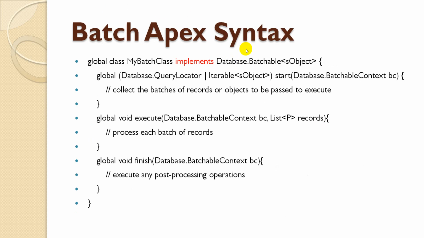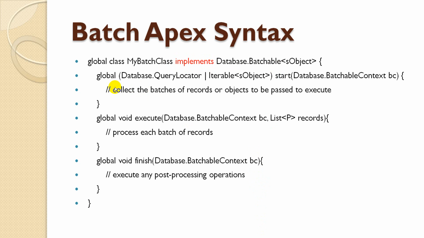So the batch Apex syntax is that your class should be global, but sometimes it can be public if you're working within your org. Global class, my batch class, this is the name, and implements, this is the keyword, it must implement Database.Batchable as object.